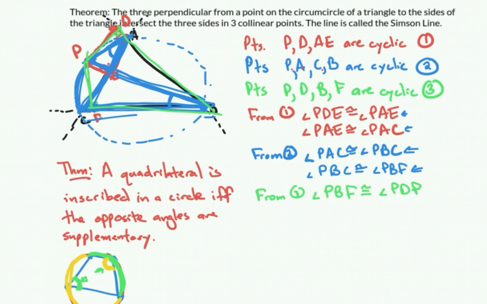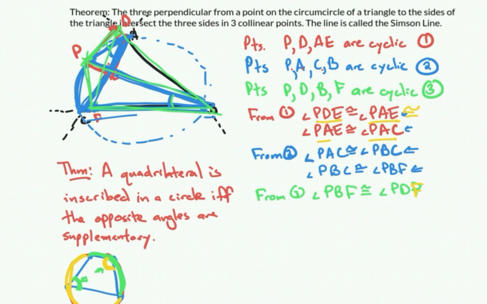So we have PBF is congruent to PDF by the argument that they both subtend the same thing. Now notice I was very intentional about the way I wrote these to say PDE equals PAE, PAE equals PAC. So ultimately we're getting a ton of congruences here. PAC is congruent to PBC. It's congruent to PBF. PBF is congruent to PDF.